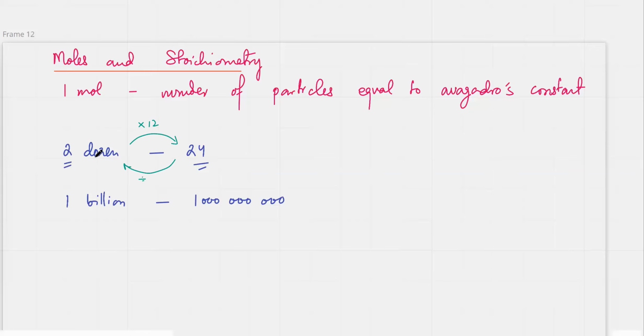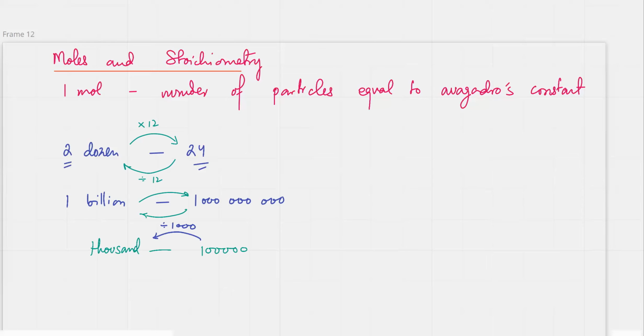So that's our first formula. If I want to convert this quantity into the actual number, I'll multiply it by the unit. If I want to do the reverse, I'll divide it by the unit. For example, if I have this value and I want to convert that into thousands, how many thousands is this?